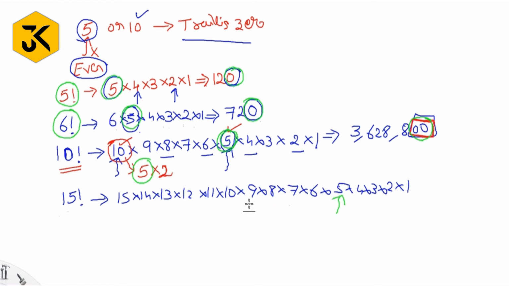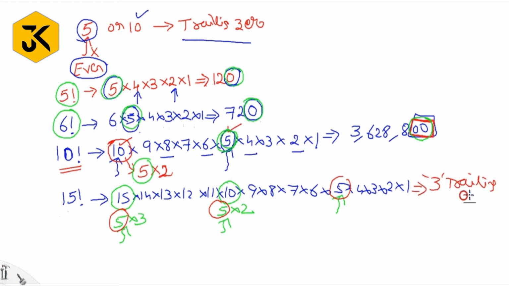There is one 5. Here this 10 I can write as 5 into 2. There is one more 5. Here this 15 I can write as 5 into 3. So total, how many 5s are there? Total 3 5s are there. So total you will get 3 trailing zeros. Like this.